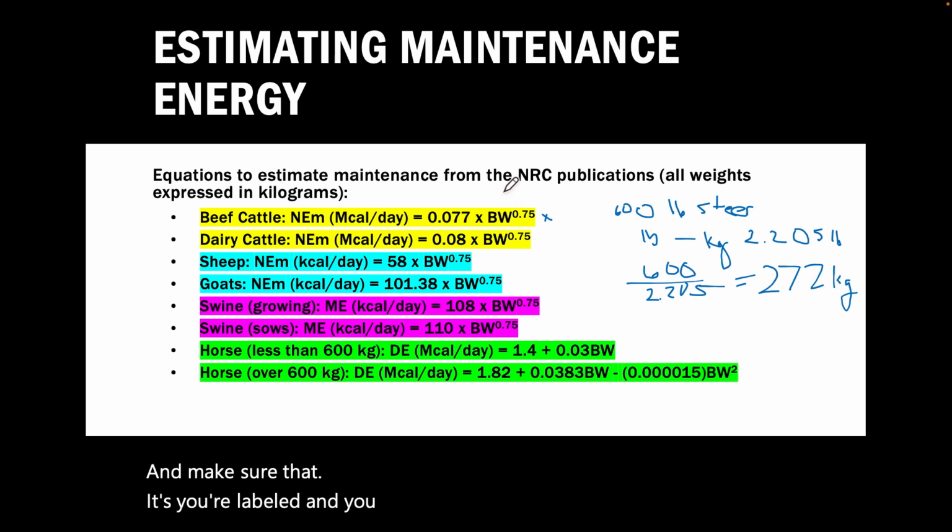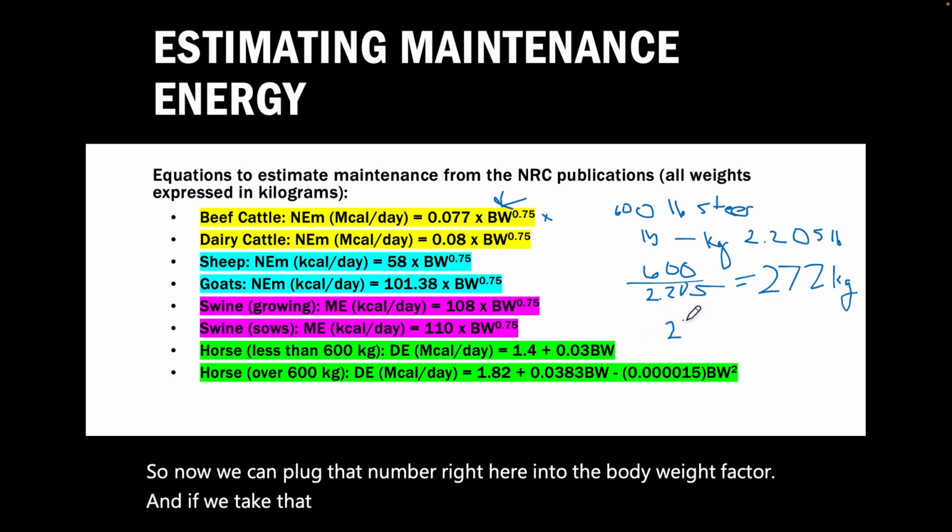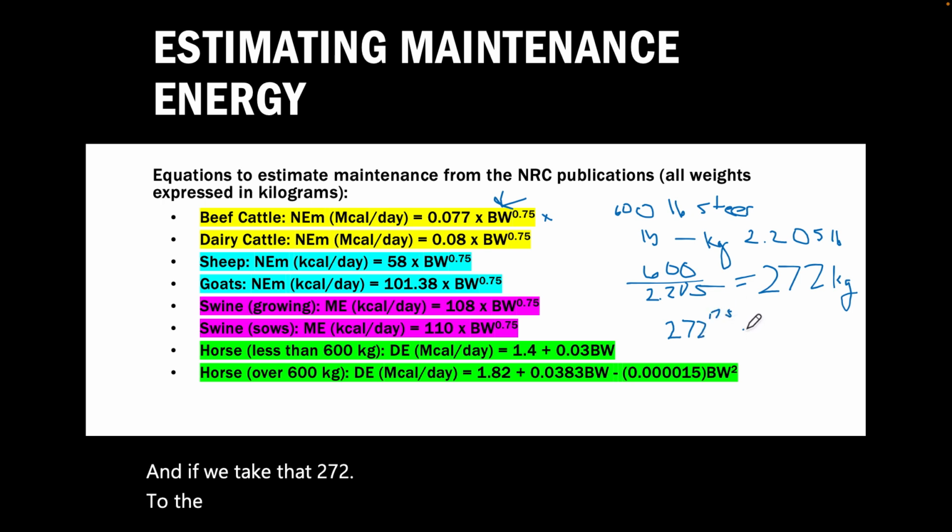So now we can plug that number right here into the body weight factor. If we take that 272 to the 0.75, we get a metabolic body weight of basically 67 kilograms if you round up.